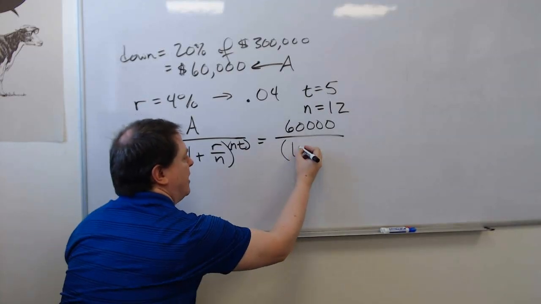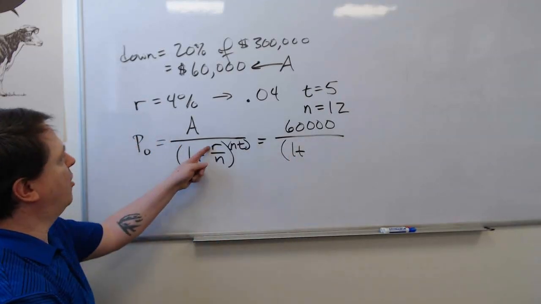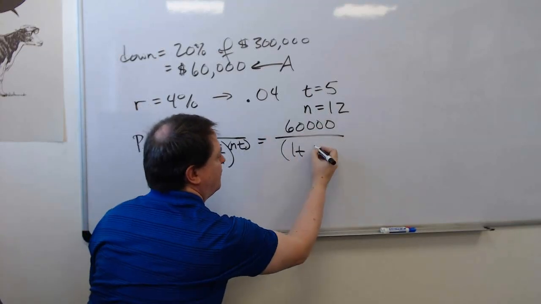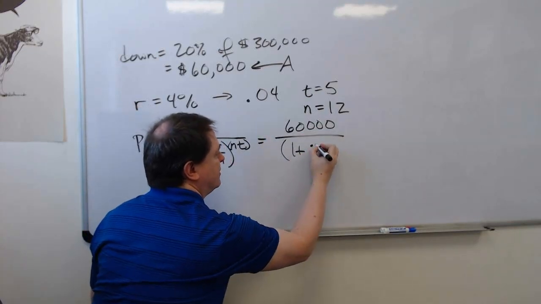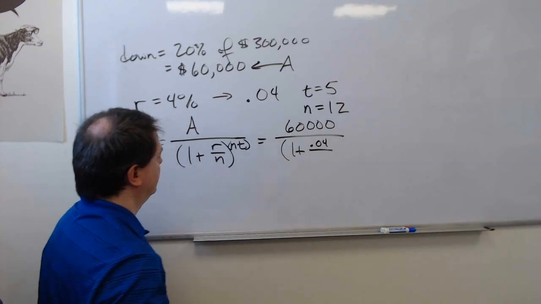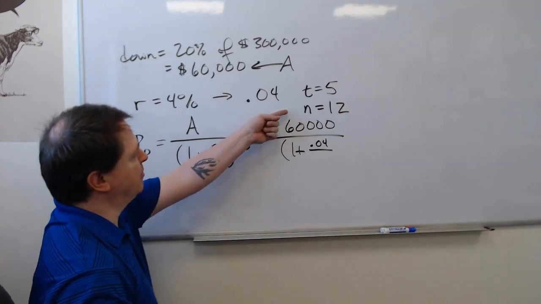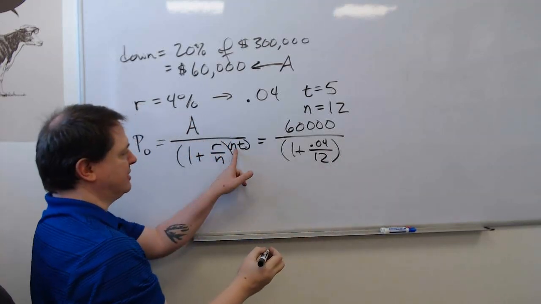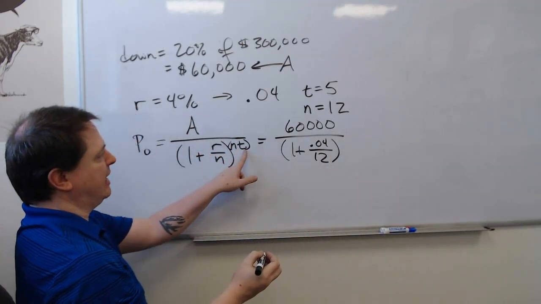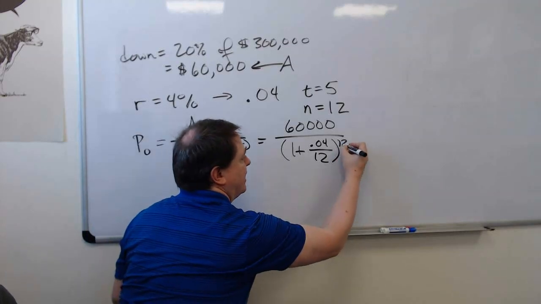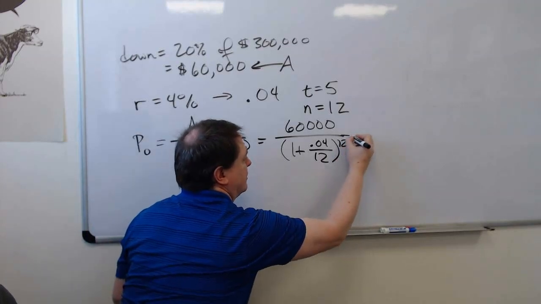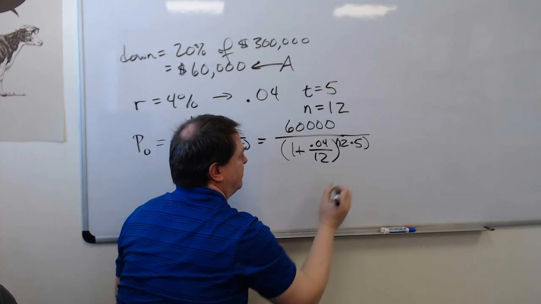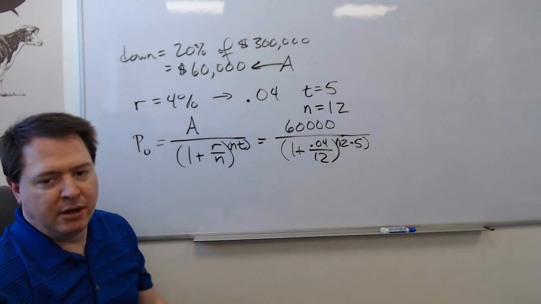And then on the bottom, I've got 1 plus our r here is 0.04. We got to write that as a decimal. Divided by my number of compounding periods per year, which is 12. And then this is going to be 12 times 5, right? Because it's over 5 years. Just putting parentheses around that.